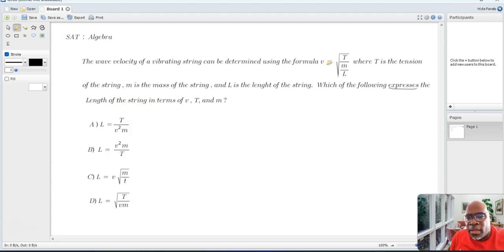Now, the formula expressed the wave velocity, but there's a term that we use in mathematics, transpose. So you want to change the position of V and now make the subject of the formula be the length rather than the wave velocity.